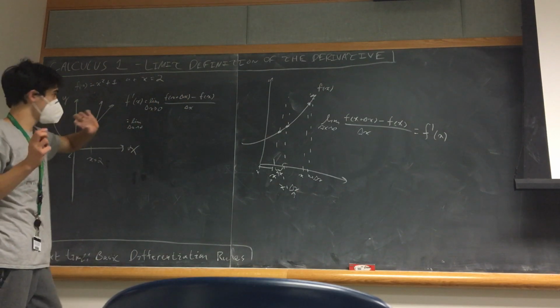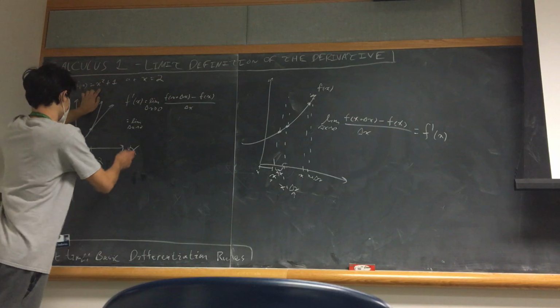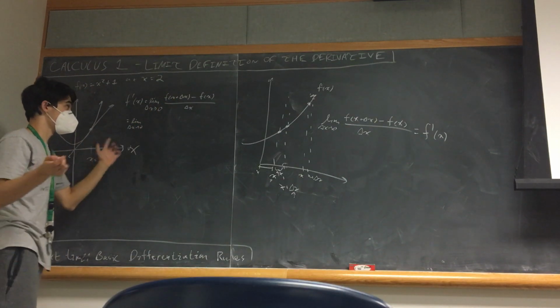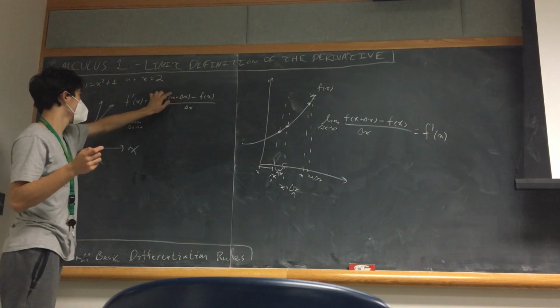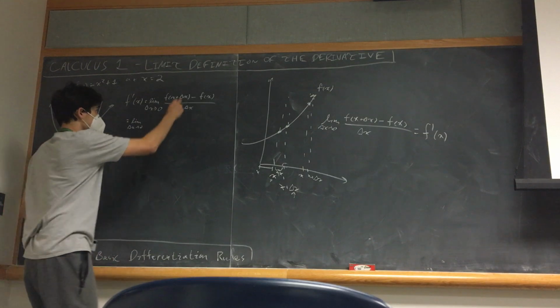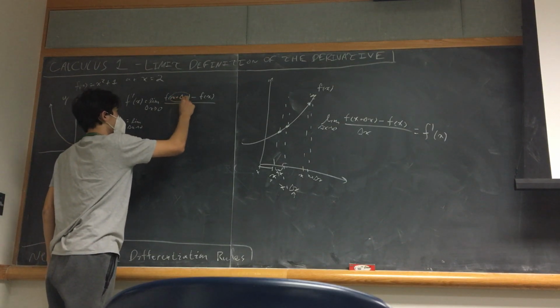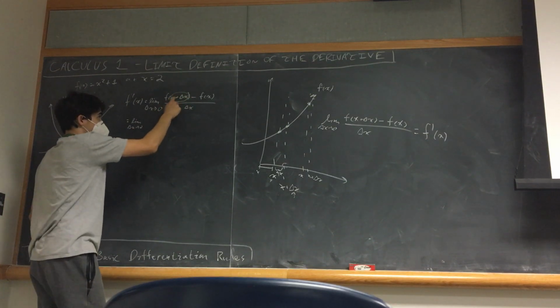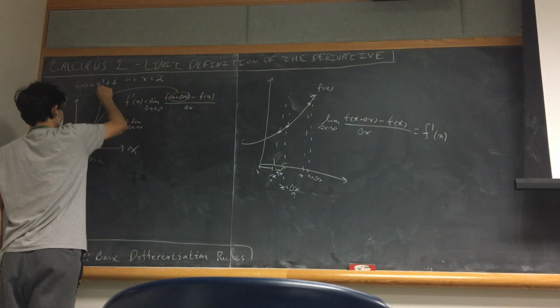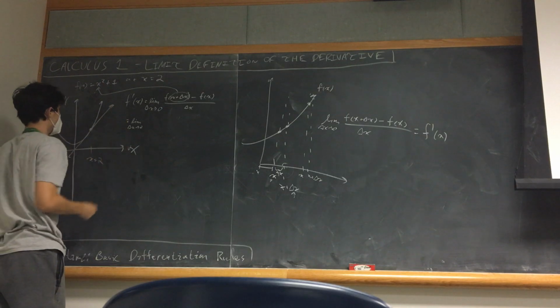Now this one is even trickier because we have an x here, we have an x here. But remember, what we do is we just plug in whatever's in here into whatever our x is here. So we see inside of the function, we're looking for the f of x plus delta x. So this is what's inside the function. So we just plug this in here, where x is.